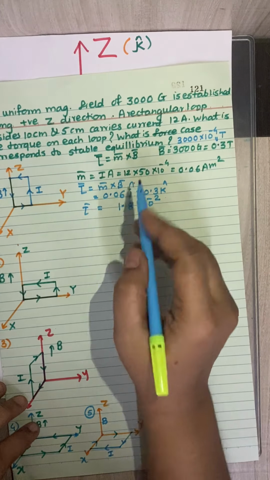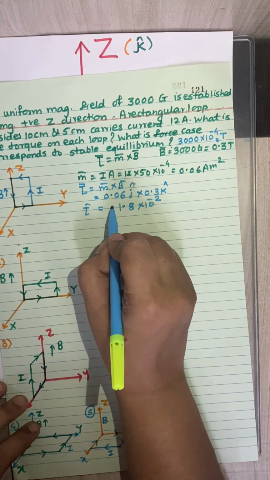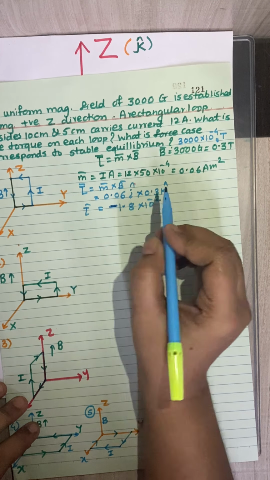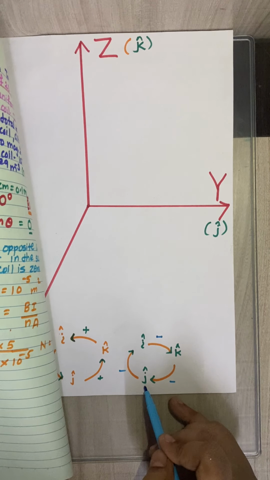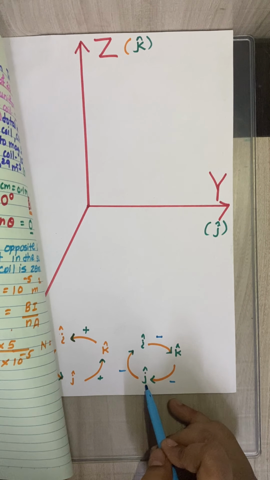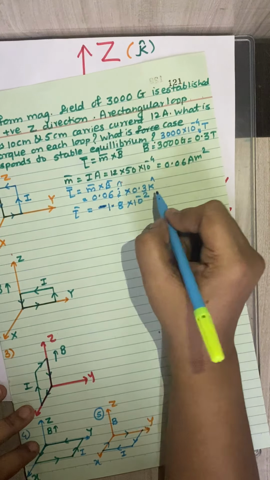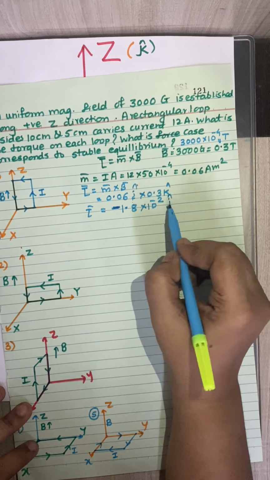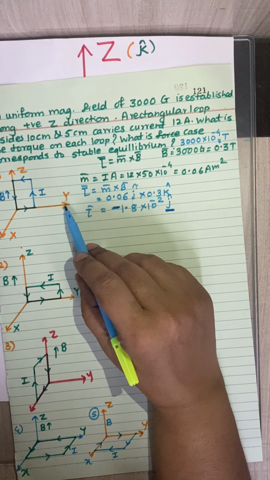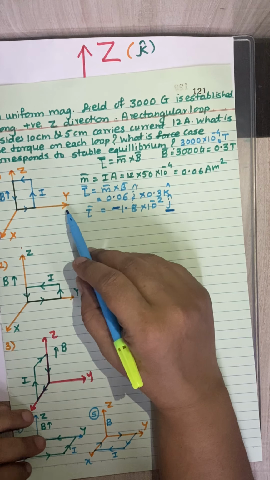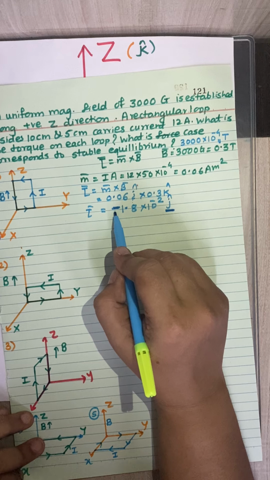So the value of torque is minus, and I know that i cross k is nothing but j cap. So I will write j cap here. J cap represents the unit vector along the y-axis, but here it is minus.